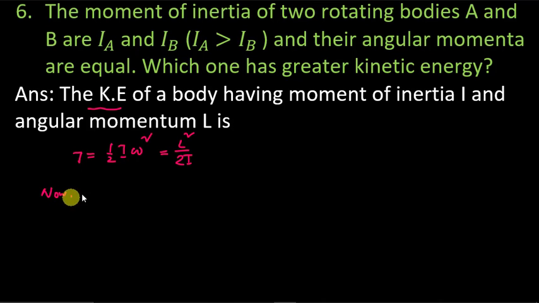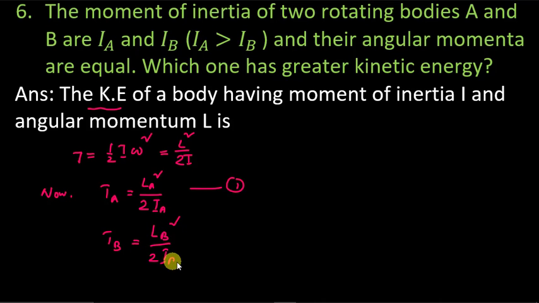Now, for body A, kinetic energy is LA square divided by 2IA. So this is equation 1. And for body B, the kinetic energy is LB square by twice IB.